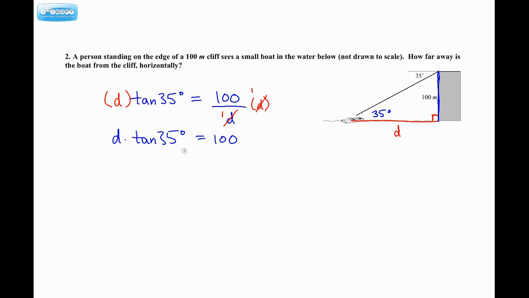So to get d, I need to divide both sides by the tangent of 35. Again, that's just a number that I'll work out last. Okay, so that cancels, like so. So d is just that.